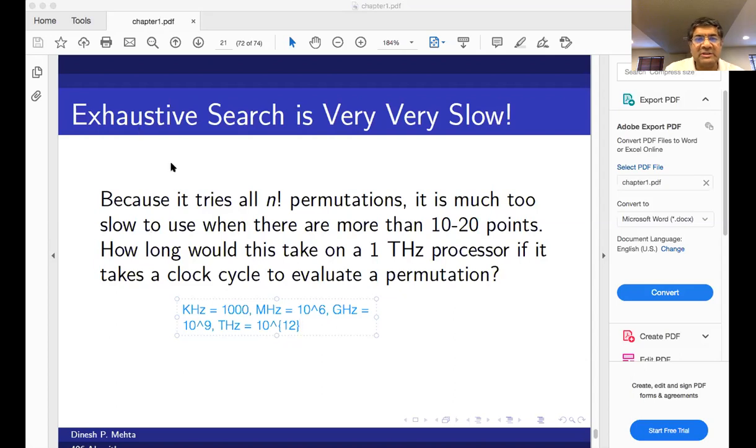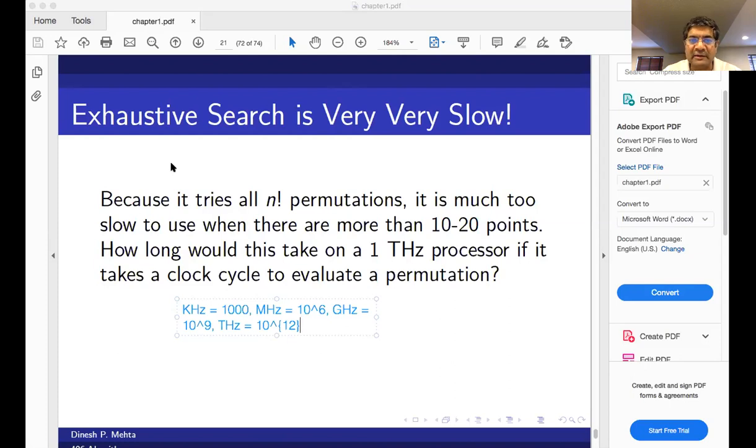So let's do this analysis, keeping that in mind. I hope you agree that this is an impressive processor. How many of us have terahertz processors on our laptops? We don't. So this is a very impressive computer. Not just that, I'm assuming that it takes a single clock cycle to evaluate a permutation.